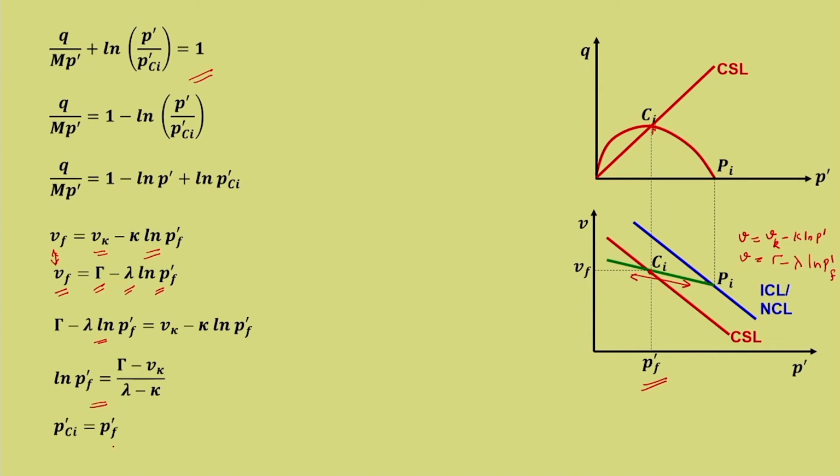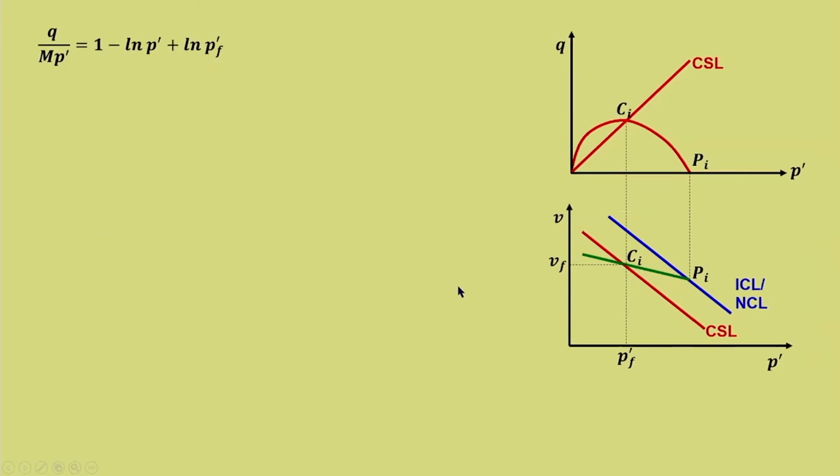Now we know that p'Ci is equal to p'f, the same point. Substituting that here, we can write q by M p' is equal to 1 minus ln p' plus Γ minus Vκ upon λ minus κ.